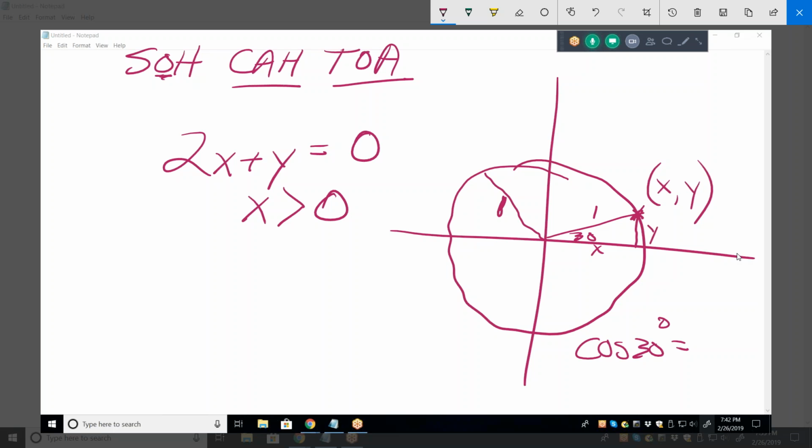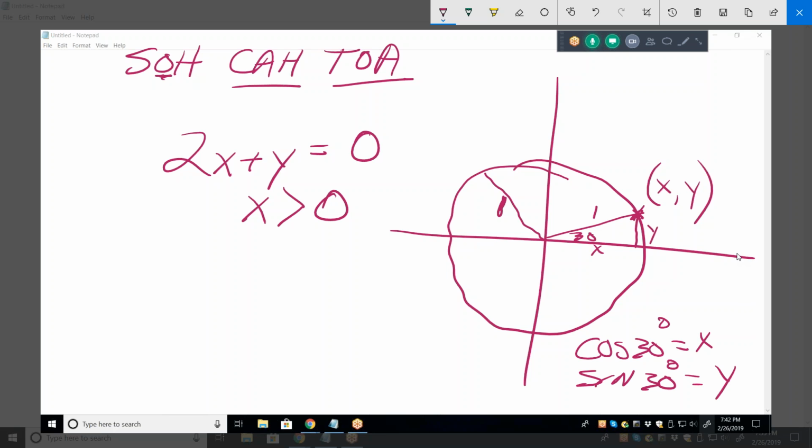No, it's x over 1. Oh, yeah. Adjacent over hypotenuse. Remember, the sine and the cosine are always over the hypotenuse. So, cosine of 30 degrees is x. What's the sine of 30 degrees? Y over 1. Or y.